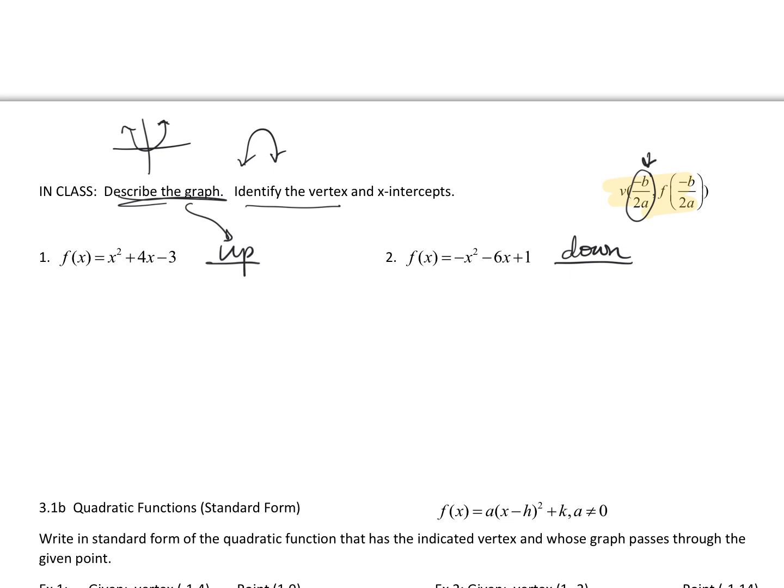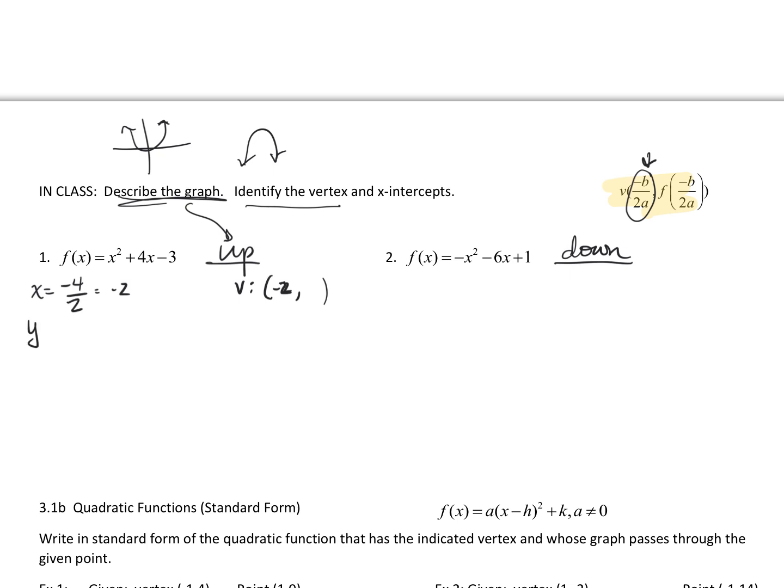So let's find x. So it would be negative 4 over 2 times 1, which is just negative 2, right? Then to find the y, so my vertex I know is negative 2 something.